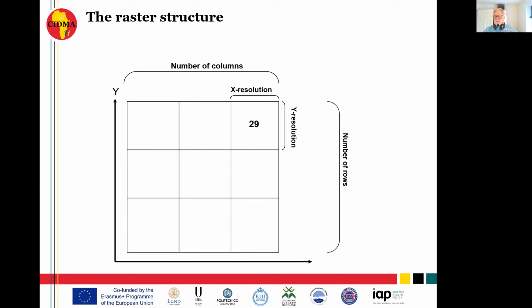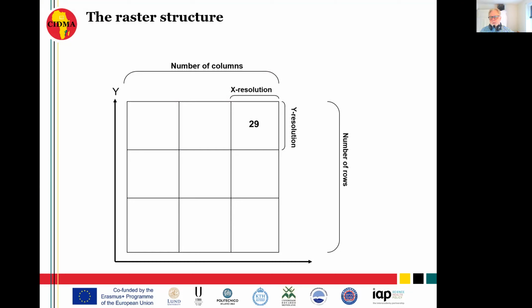We have an X resolution and a Y resolution to the pixels that can be the same. That would mean a square pixel, but they can also be different. So you can have, for instance, 30 meters in X resolution and 80 meters in Y resolution. That happens.